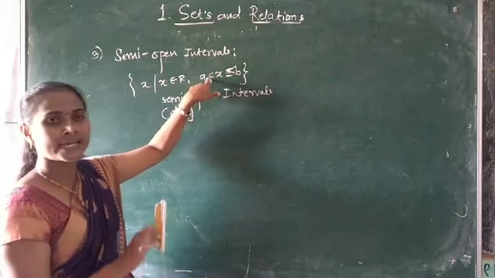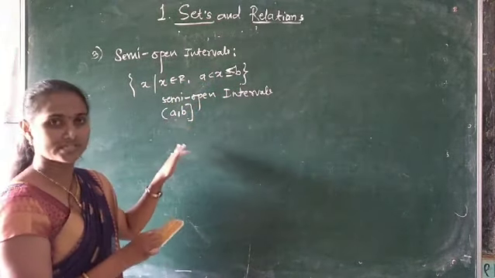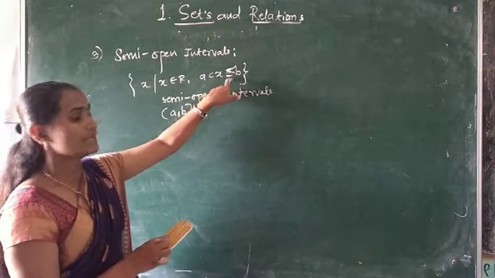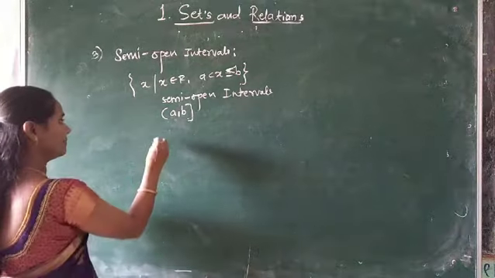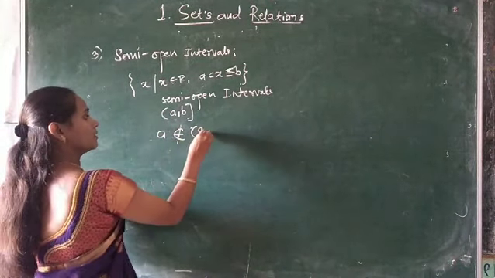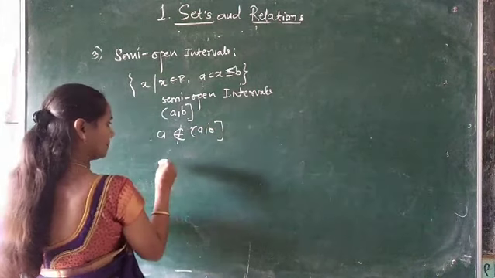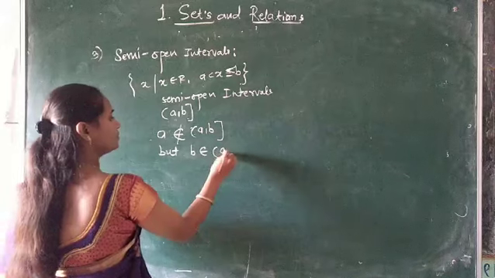Here there is strict inequality, so this point a does not belong to this set, and here there is less than or equal to, so this b is included in this set. So a does not belong to the semi-open interval (a, b], but b belongs to this set.